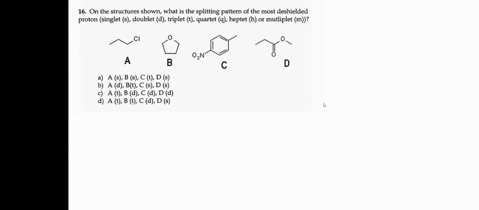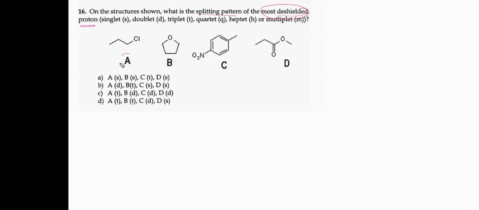Okay, so now I'm going to ask you to tell me what the multiplicities are, based on what the question says. On the structure shown, what is the splitting pattern of the most de-shielded proton, which means the proton that has the highest ppm value or the least electron density, for each of these molecules.